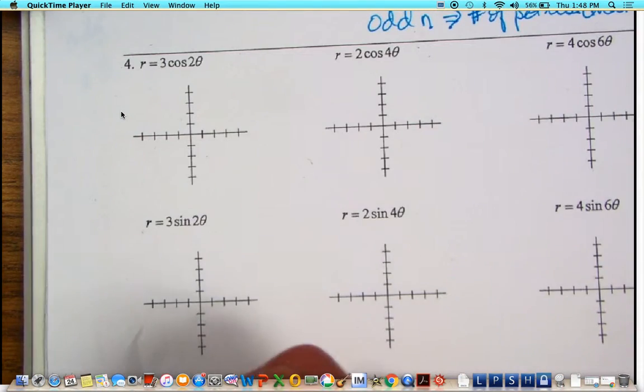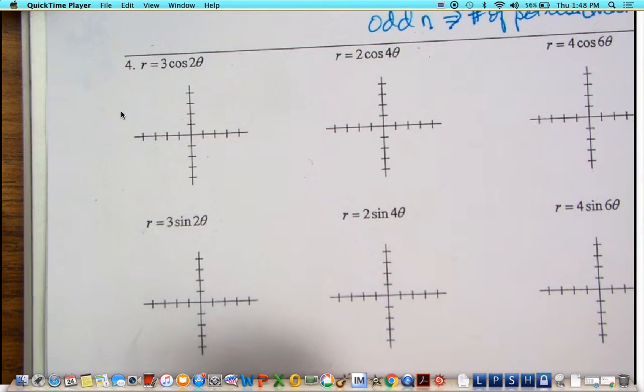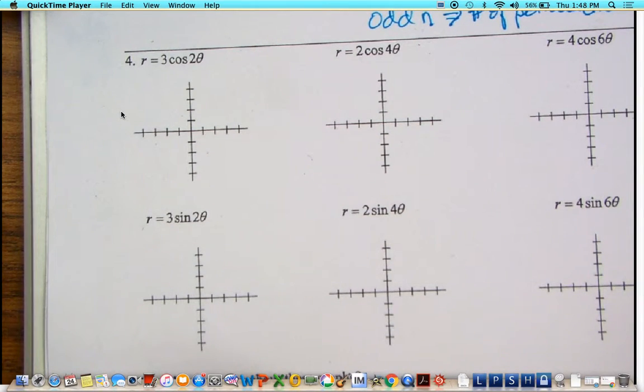So same thing. b here is the length of the petal, and for an even n, multiply n by 2, and that will be the number of petals you see.